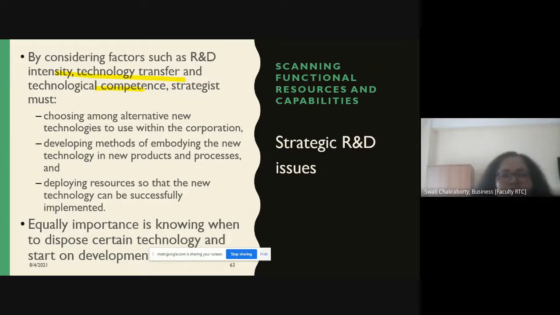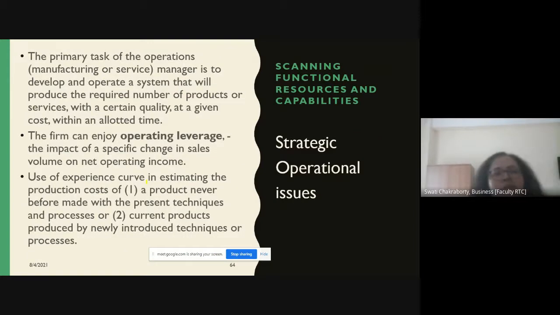And so what has to be done is, as a strategist, you have to choose from all the alternative technologies which is best for your organization, developing methods to embody or to imbibe the new technology in new products and processes, and then deploying resources so that the new technology can be successfully implemented, right? And so equally important is also to know when to dispose certain technology and start new development, discard the existing technology and start with something new.